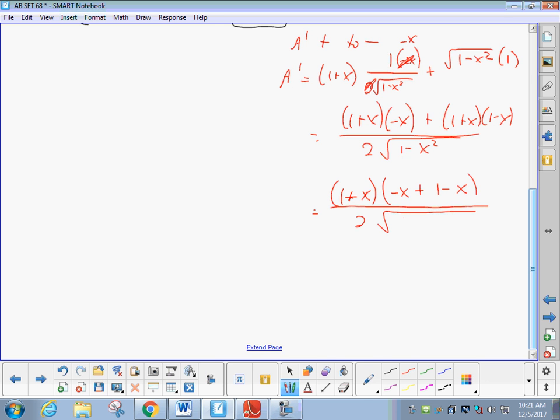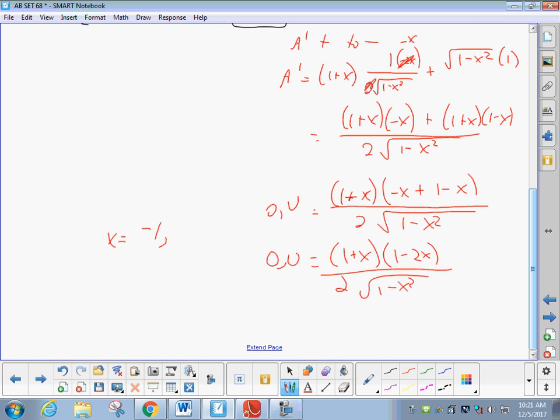There you go. Boom. Negative 1 is a critical number, not a critical number, and x equals 1. Boom.